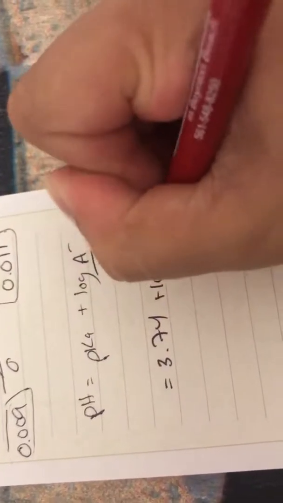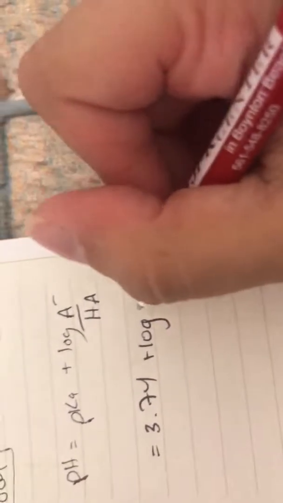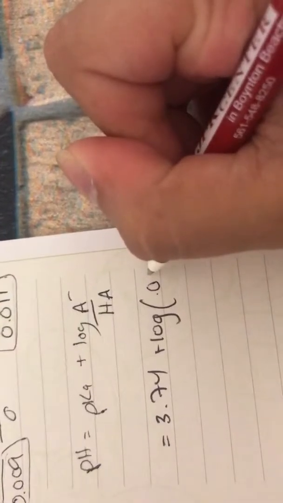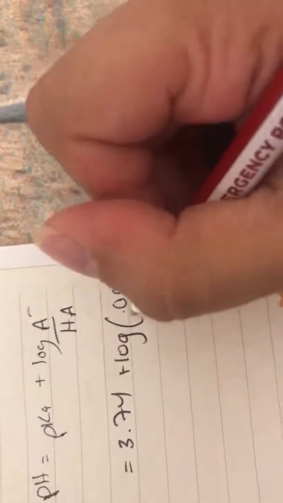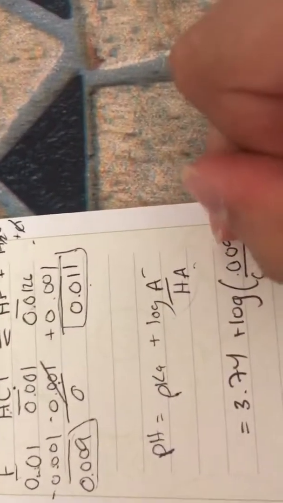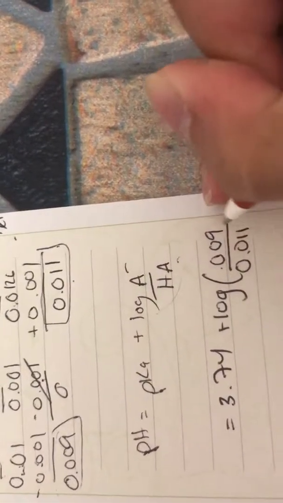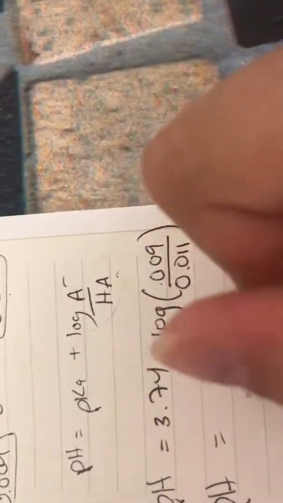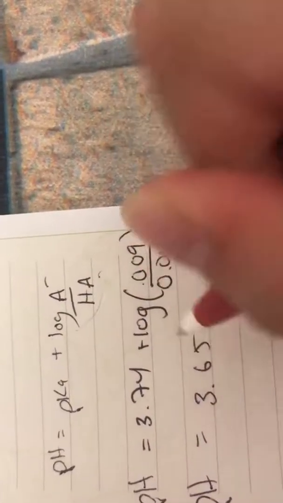So 3.74 plus the log of A minus, which is 0.009, right? F minus is A minus, the conjugate base, divided by the undissociated acid, the HA, which in this case is HF, which is 0.011. And when I plug that in, I find out that my pH is equal to 3.65.